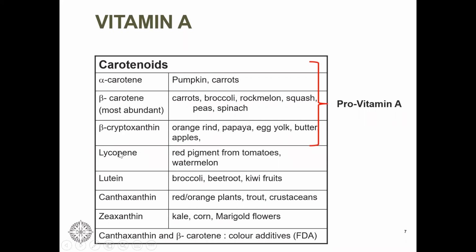But our body cannot convert the other carotenoids into retinol. However, we all know that they are all wonderful. There is enough evidence that lycopene, when absorbed from tomatoes in a cooked form, may reduce risk of prostate cancer. And lutein and zeaxanthin are also important for eye function.